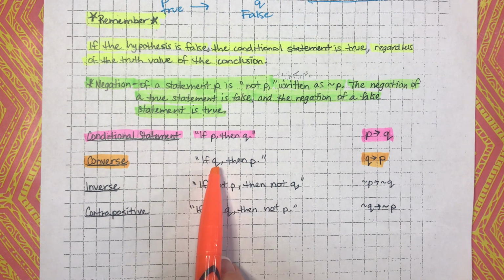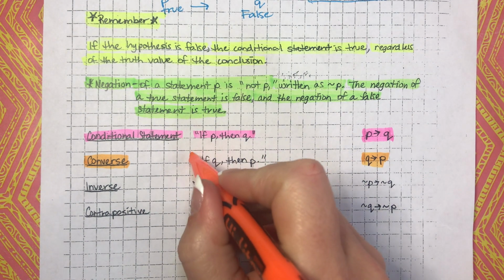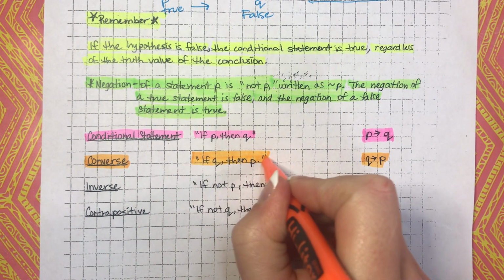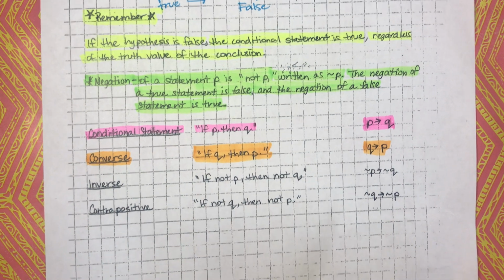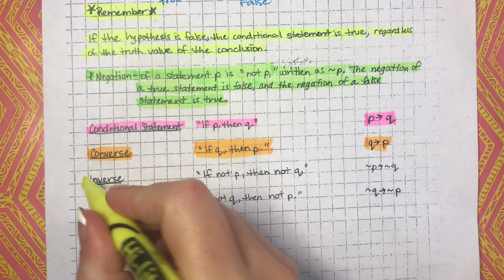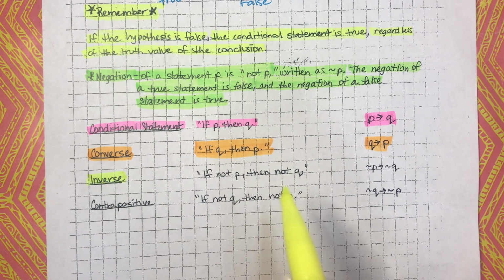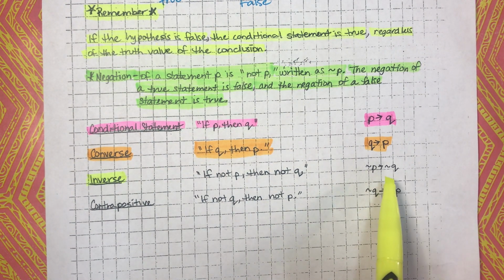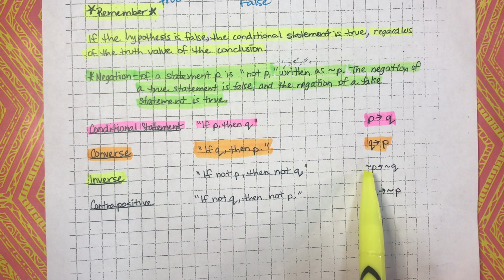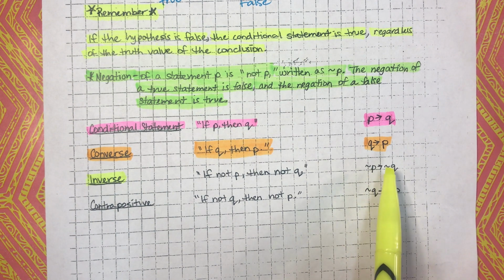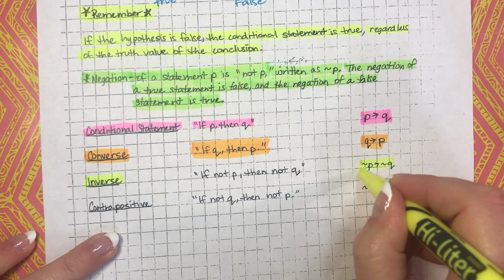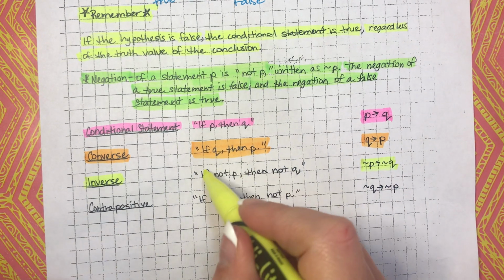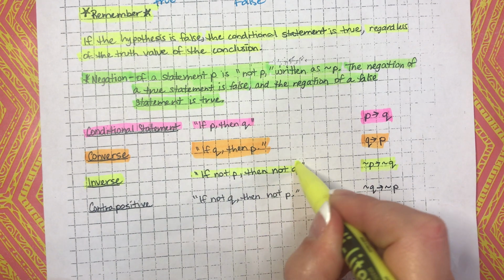So it's if Q, then P. Followed by the inverse, which I like to look at the symbols, and that's a negation. So it's not P. If not P, then not Q.